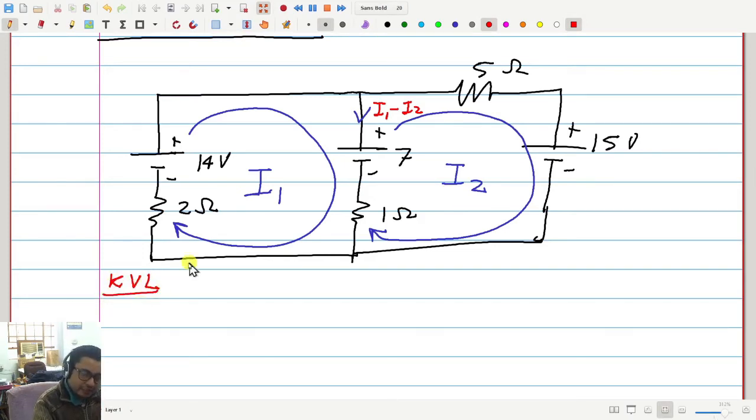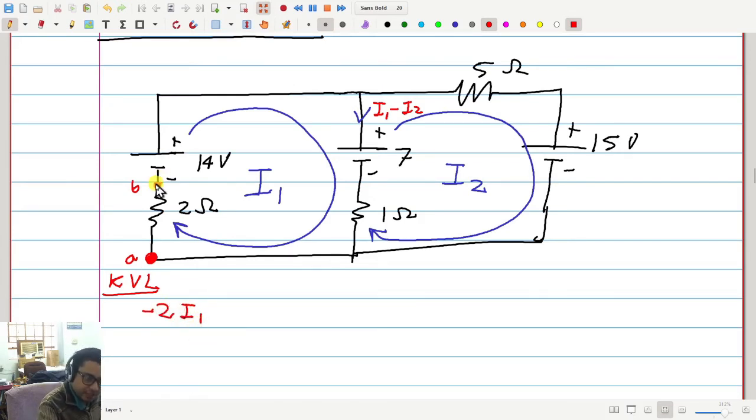So first let me look at the left side loop. Starting from this point, I will go round this left side loop and add all the voltages and equate it to 0. If I call this point A, then point B, from point A to point B there is a voltage drop of minus 2 ohm multiplied by I1.